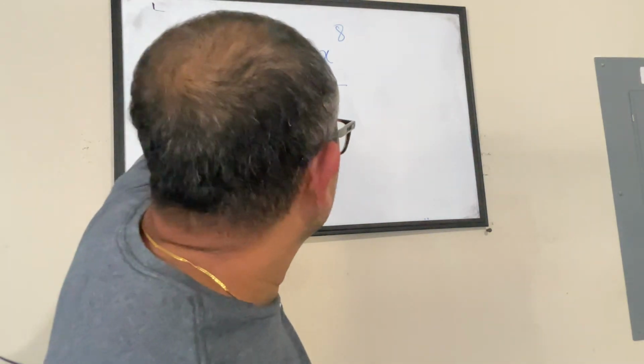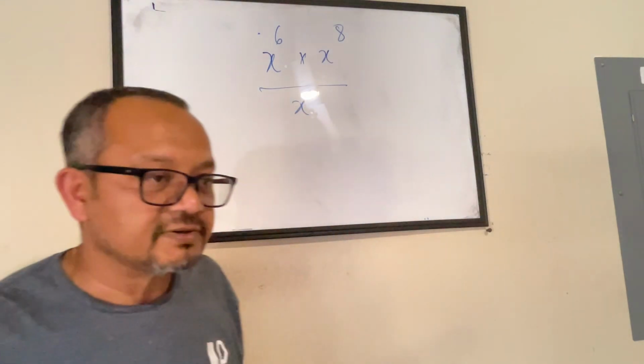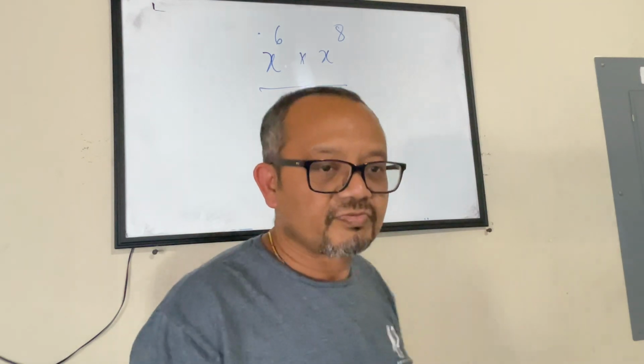We have x to the power 6 multiplied by x to the power 8 divided by x to the power 3. Vasundhara, can you try answering that one while Bhupal is trying it? Vasundhara or Myra? One of you.